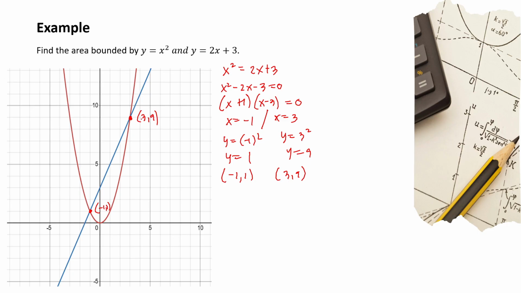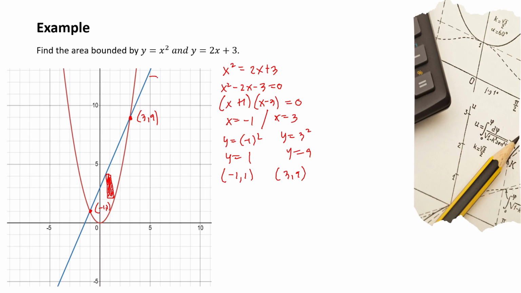The next step is to set up the vertical strips here. Since this is y in terms of x, all the functions are in terms of x, so this is the vertical strip.